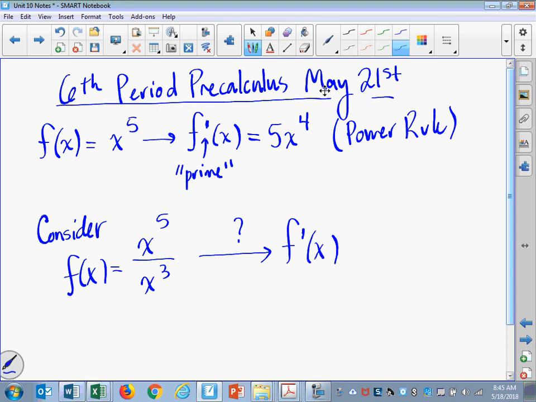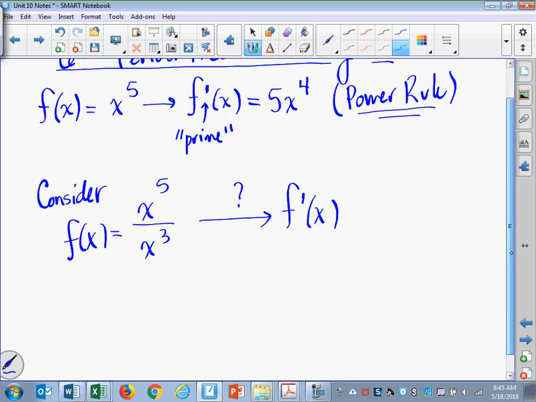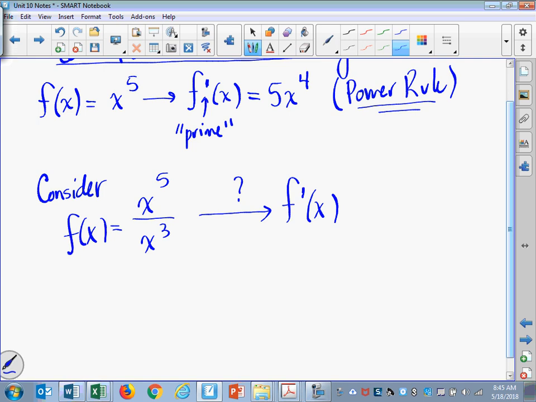The rule for polynomials is that you bring the power down and subtract 1 from the power. That's the power rule, and that's what we know. Some of you might wonder, can I just bring the power down in the numerator and bring the power down in the denominator? Maybe this is what we want.